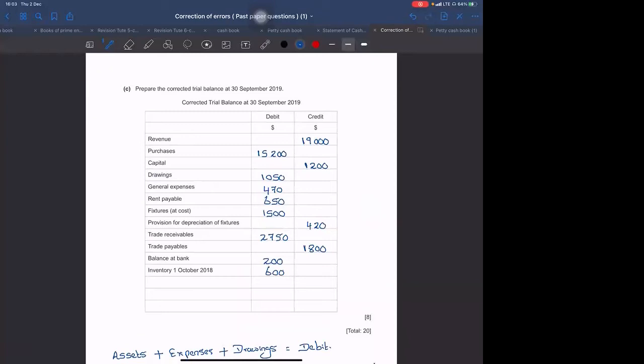Now, do me a favor. Add everything on the debit side, add everything on the credit side, and see if debit and credit is equal. Debit and credit has to be equal. Then what you have done is right. Both are equal.